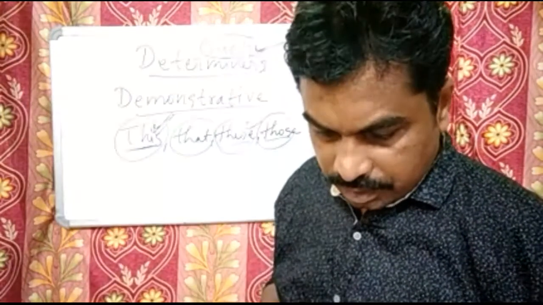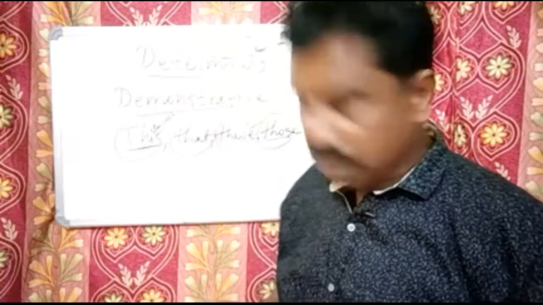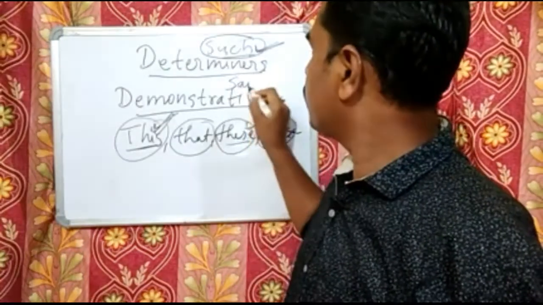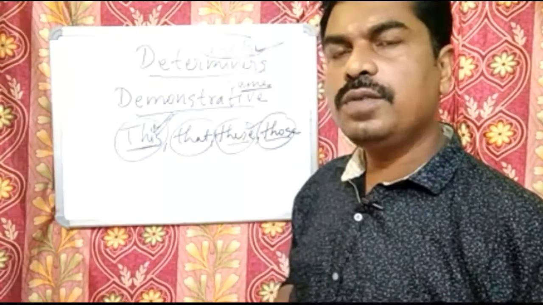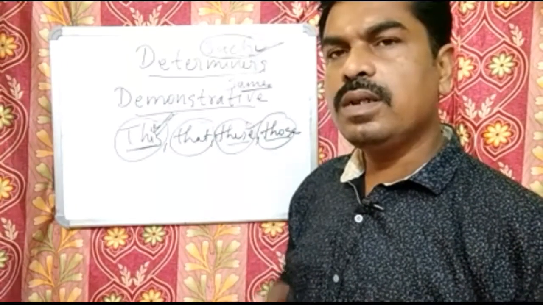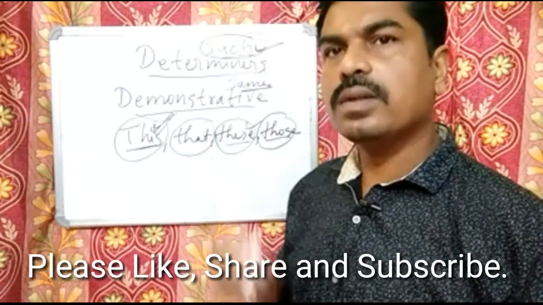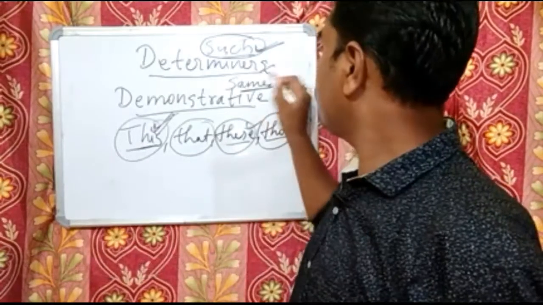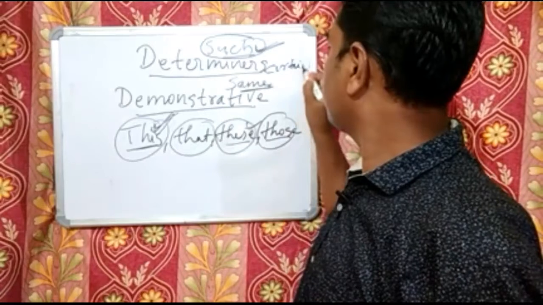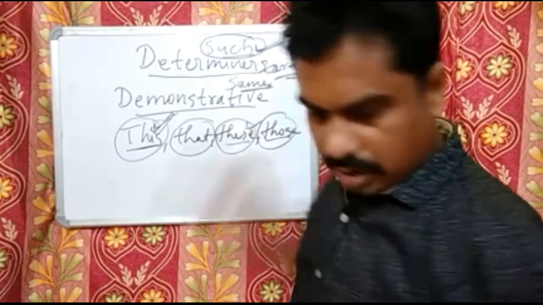Then comes same, which can also be used as a demonstrative determiner. He is the same person whom I met yesterday. Same. And we have another one, certain. That is also used as a demonstrative determiner.